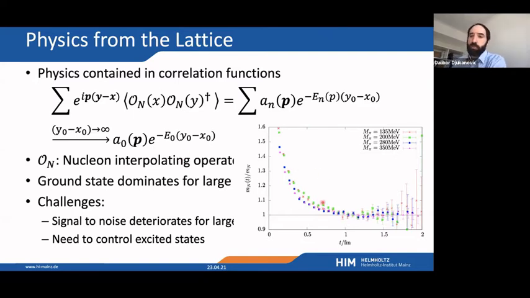But what you should see at least is that at some time here, it really plateaus to the ground state energy. But before, you have these contributions which are coming from not the ground state energy, but some excited energy states. Okay, and what you should also see on this plot is that depending on the pion mass, the smaller the pion mass, the larger this error gets in the large time region.